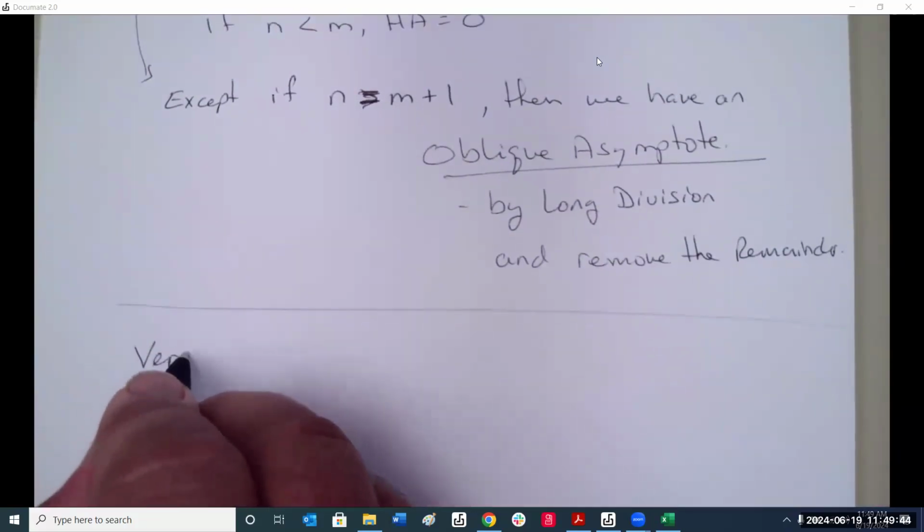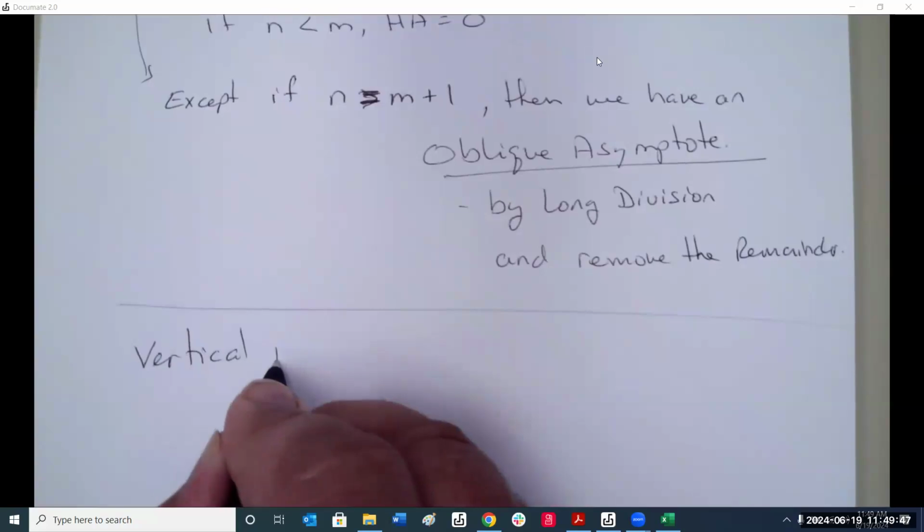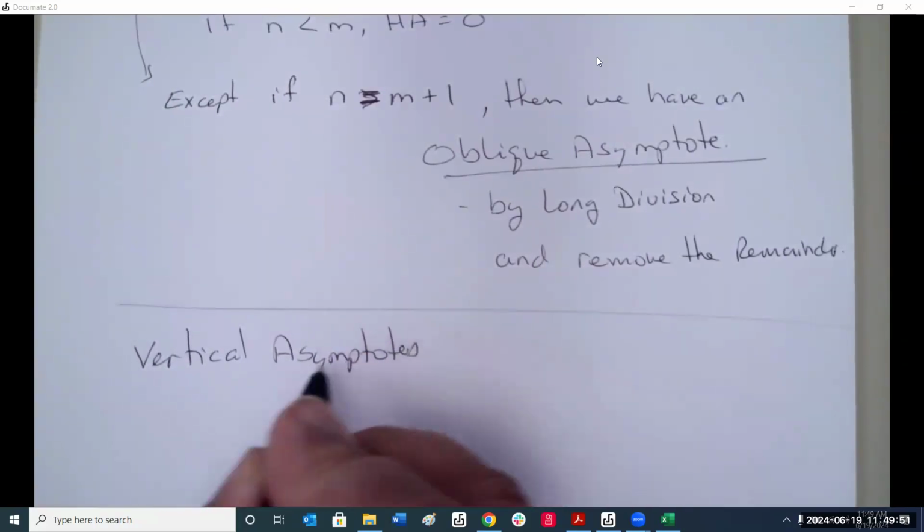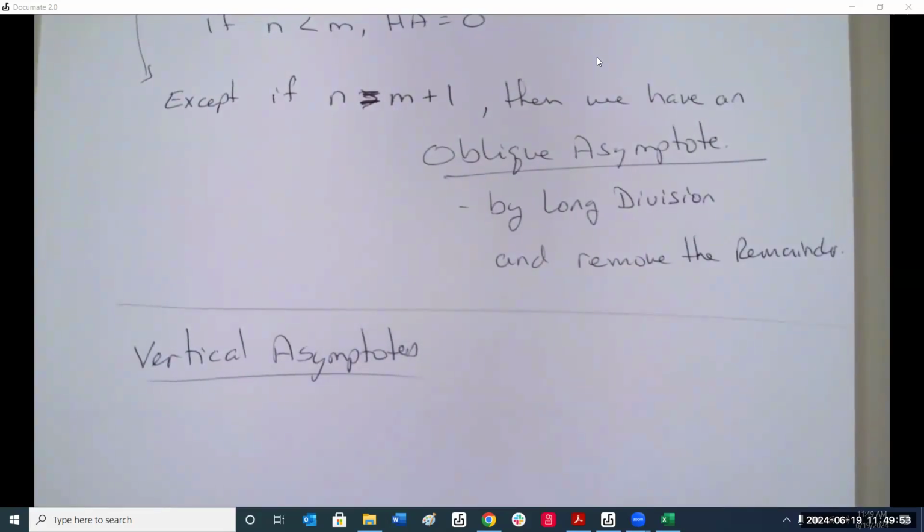Now we're going to look at vertical asymptotes. So what do you think a vertical asymptote is? Along the x-axis? Yes, the vertical asymptote is only going to cross the x-axis, but what exactly is it going to entail?